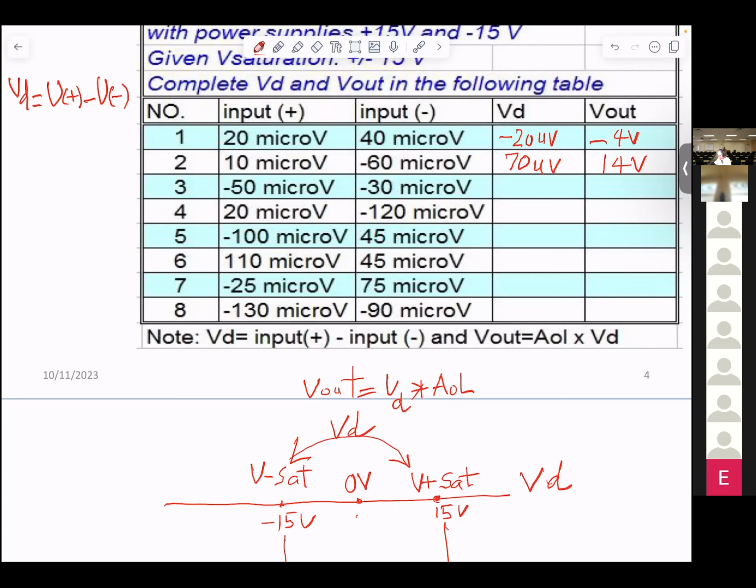Yeah, minus 50 and a minus 30, so that's minus the plus.